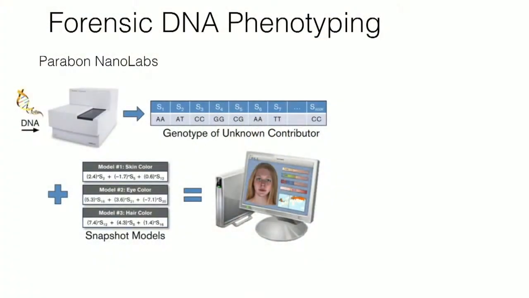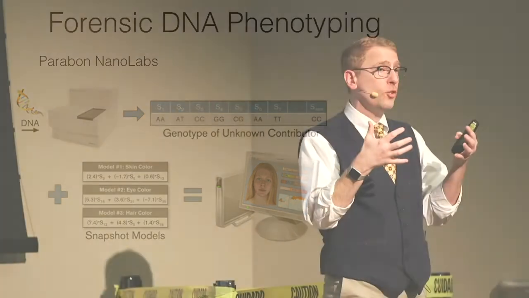So there are a number of companies that now offer this as a service. One of them is called Parabon NanoLabs. They've been in the news quite a lot because a number of cold cases have now been solved because officers turn to this kind of technology. And so again, they take the DNA, they look at thousands of different samples, they run through pretty sophisticated algorithms, and again, those algorithms are proprietary, so if you wanted to know how they made these determinations, you won't get that information.